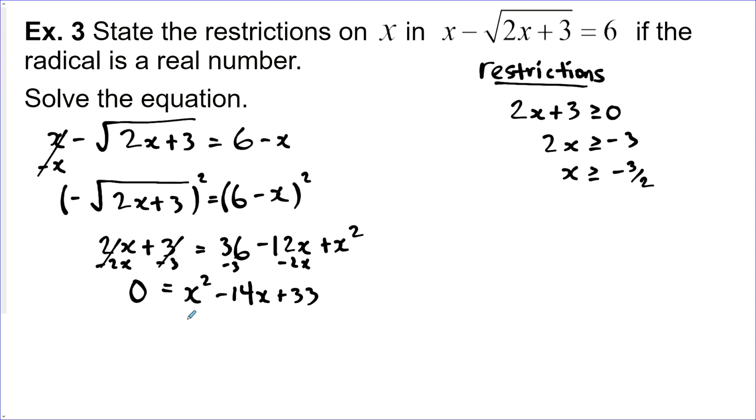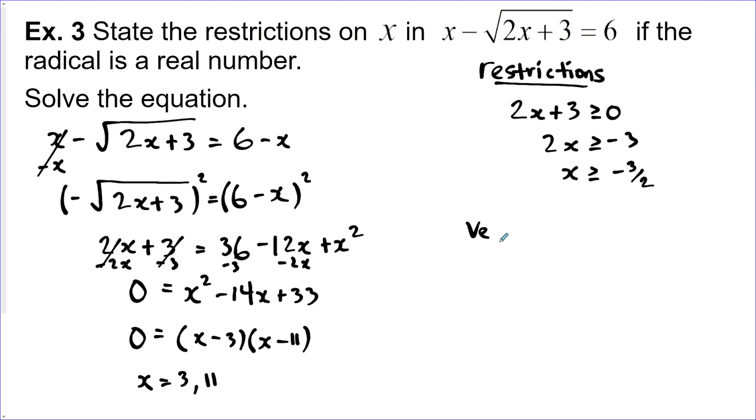Now, there's various ways to solve this: the quadratic formula, factoring. Looks like we could probably factor it because 3 and 11 multiply to 33, and the negatives add up to negative 14. And so we can see that x needs to be equal to 3 to make it 0, or 11. So there's my two solutions.